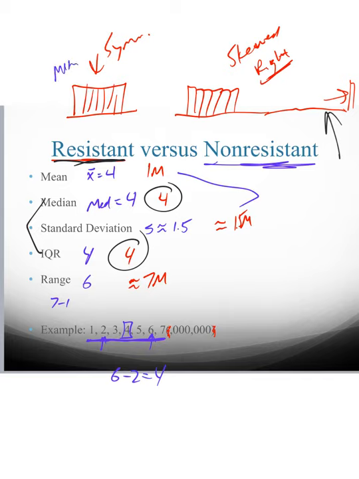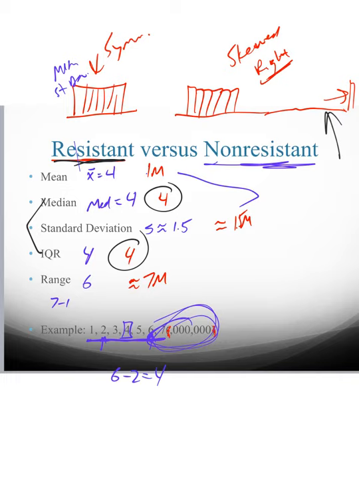You can see what one value, this 7 million, did: it blew up the mean and the standard deviation. Now the mean is 1 million, but we don't even have a value close to 1 million in this data set. So we don't like to use mean and standard deviation in these situations, but we do for the original 1, 2, 3, 4, 5, 6, 7, because there the mean is 4 and the standard deviation is 1.5. And the mean actually gives us more information because we could work backward with the mean and figure out what the sum of all the values is and things like that.